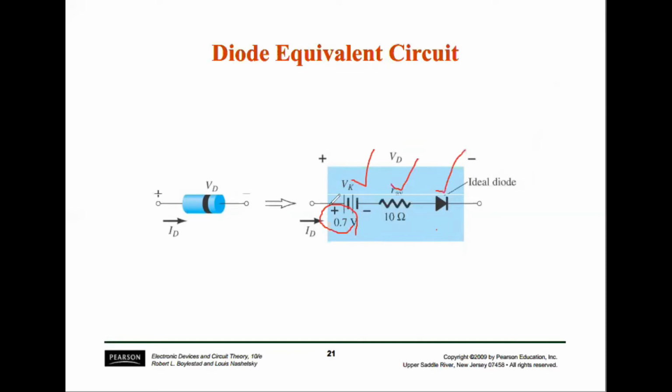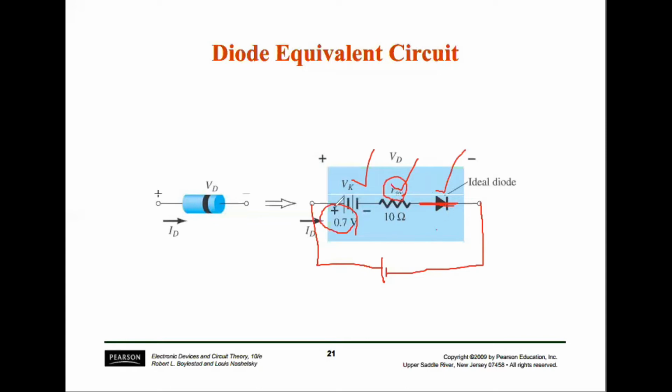For forward biasing, if we are applying forward bias, the ideal diode will behave like a short circuit. The resistance will be found by the calculation which we have done previously, and this is the voltage which it has to surpass for conduction.